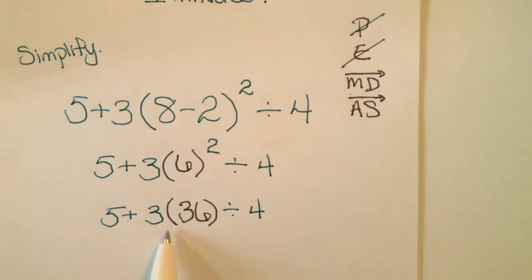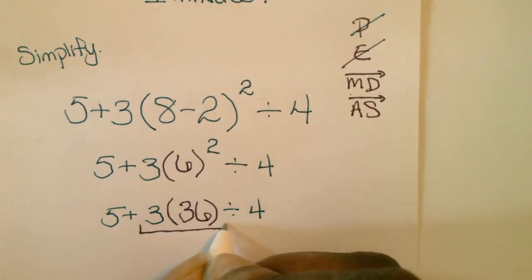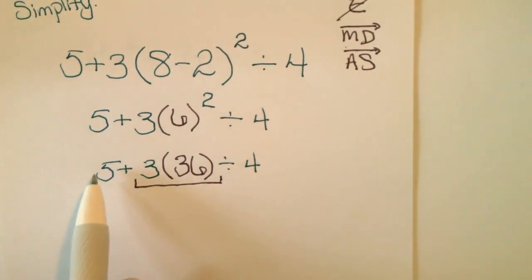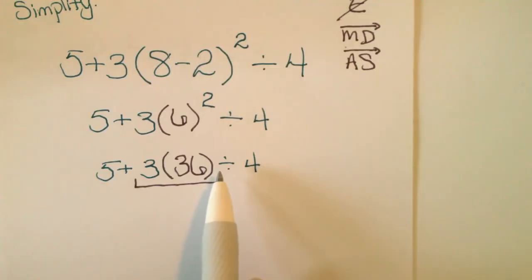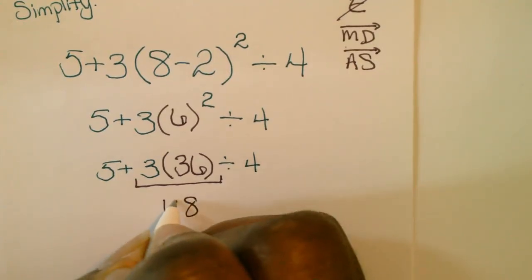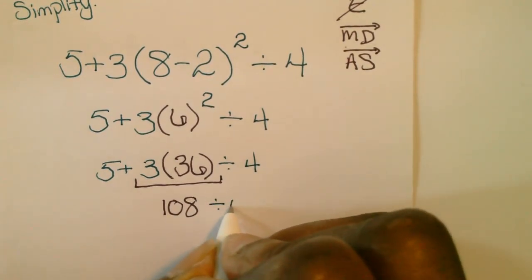So we have to do what's multiplication. So we're not doing 36 divided by 4. We're doing the 3 times the 36 first, because we do what comes first from left to right. So we have our 18, carry the 1, that's 108. Then everything else comes on down.